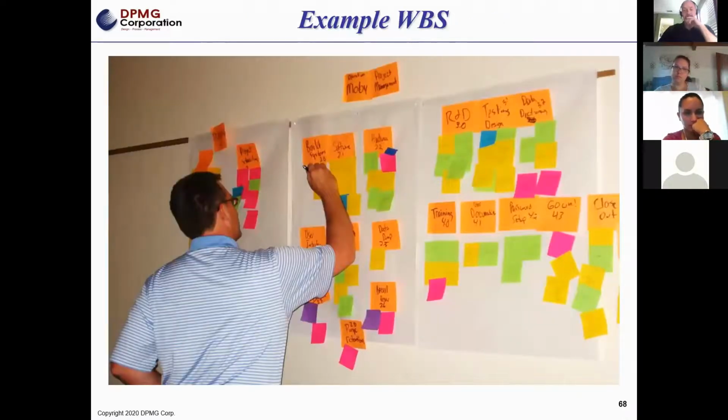So here's an example. The gentleman who's up on the board is the vice president of marketing for Dole Foods. They have projects within the marketing function, and basically we're breaking down the projects that they were working on internally.